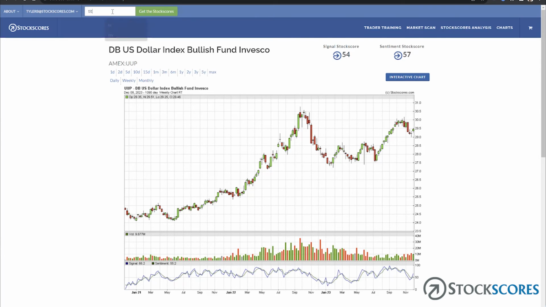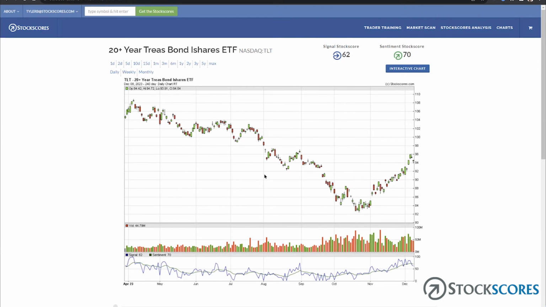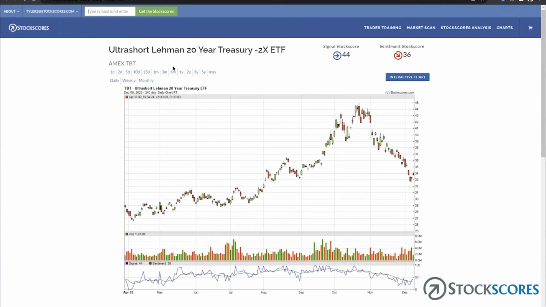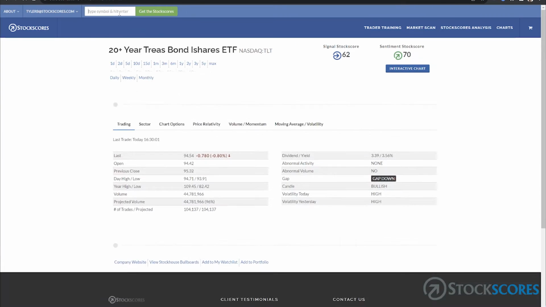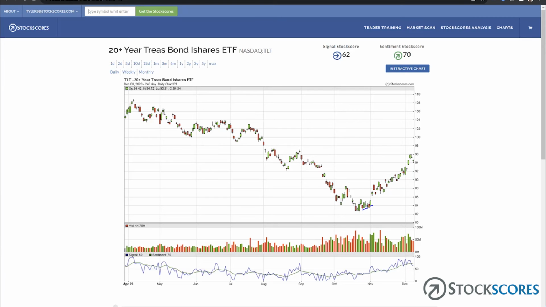Now let's take a look at the bond market. TLT is the symbol. And you can see that the bond market has been moving up, which means interest rates have been moving down. If you want to see a way to capture the essence of interest rates, just go to TBT and look at a 1-month chart on TBT. And if this is moving down, that means interest rates are moving down. So if we go back to the TLT chart, trend is up.